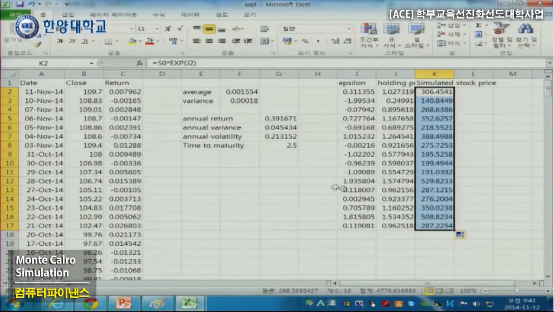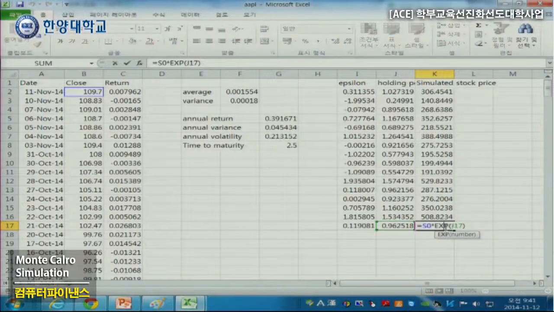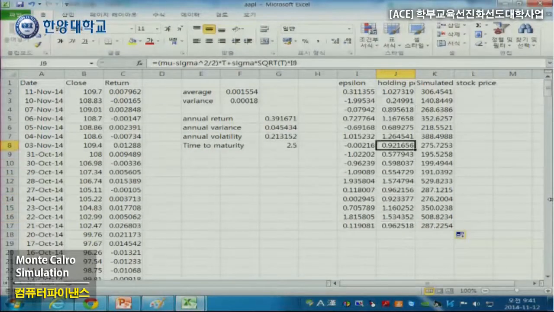Apparently, given that Apple's annual return is 40%, they are not surprised.